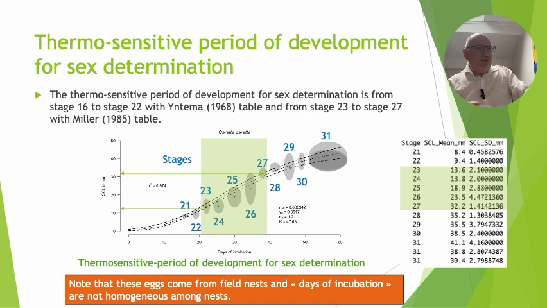Here I show the relationship between days of development and SCL, straight carapace length, and the correspondence in stages. These are data from Casca's thesis, and you should take into account that this data comes from field nests, and then the scale of days of incubation is not homogeneous among nests.